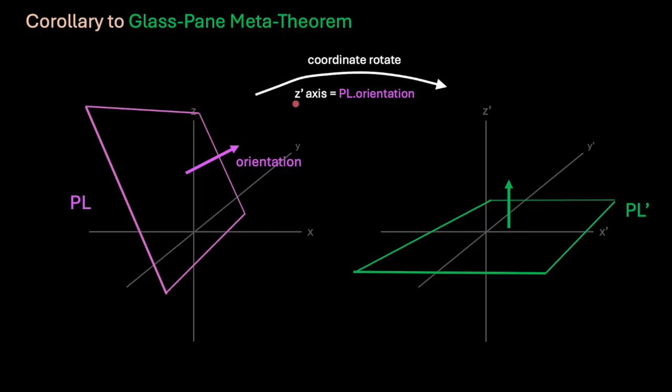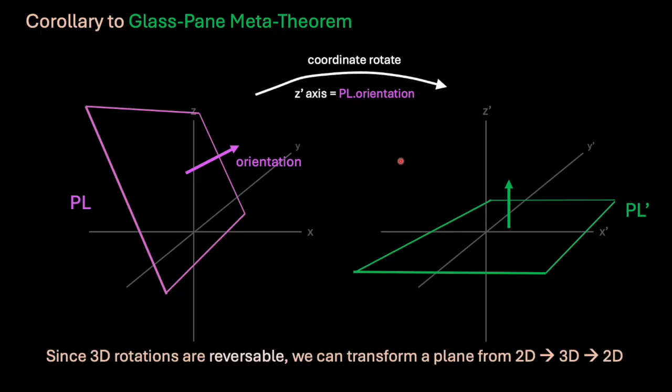Because we said that we would define the new z prime axis using the plane's orientation. Now, since 3D rotations are reversible, this means we can transform a plane from the standard XY axes plane out into 3D, and then using this transform, go back to exactly where we started in 2D, because the rotations are reversible.